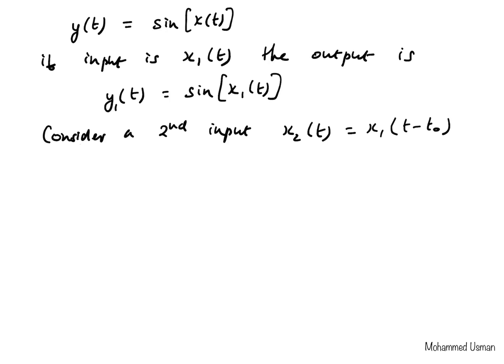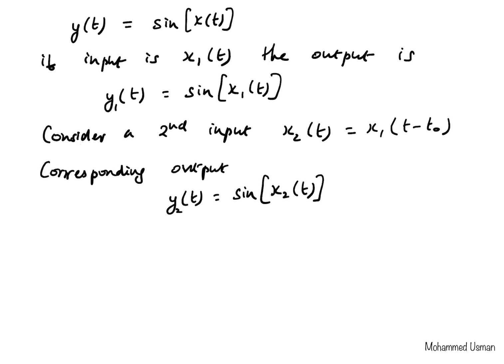Now the corresponding output will be called y2 of t, and y2 of t is equal to sine of x2 of t, but x2 of t is equal to x1 of t minus t naught.